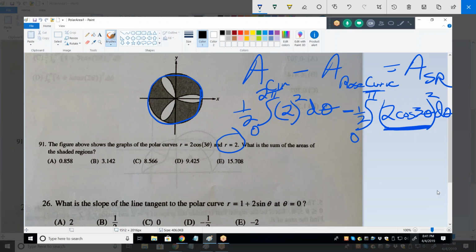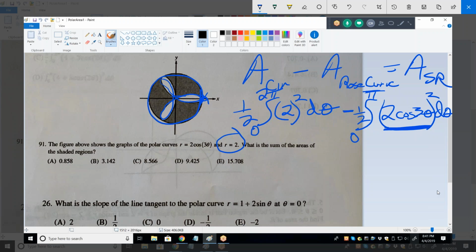So this point right here, which is when theta is 0, is 2. Basically what happens is it starts there, you go like this, and by the time you reach pi, you've traced it out one time.